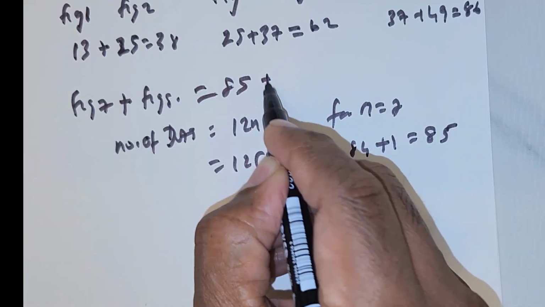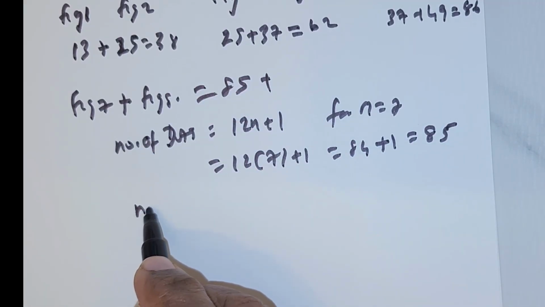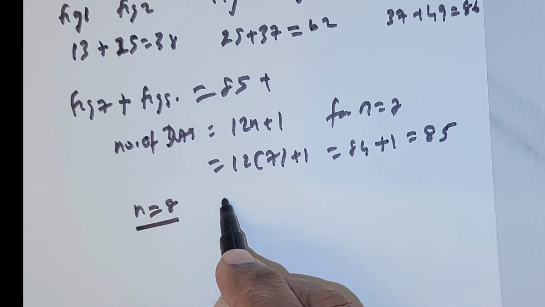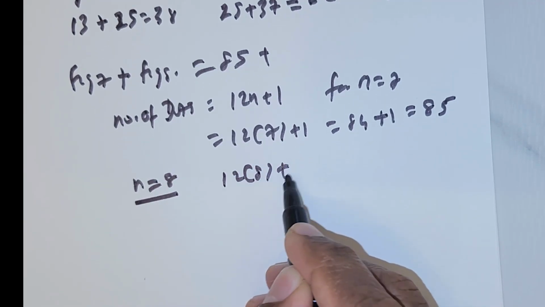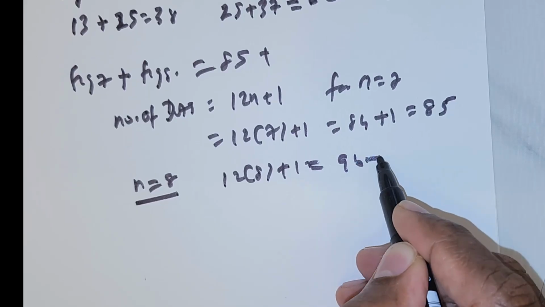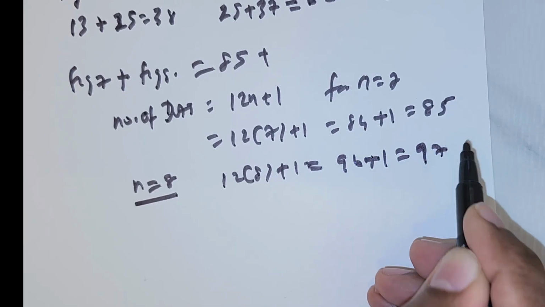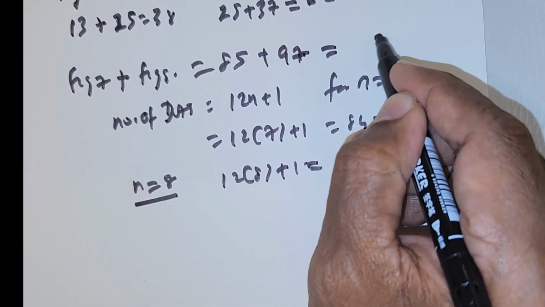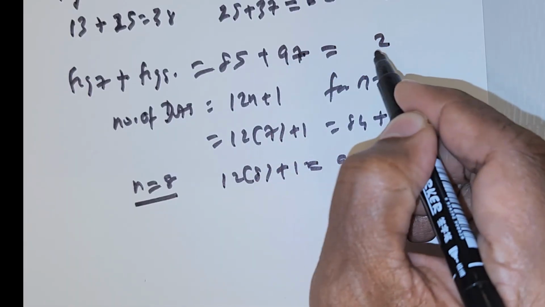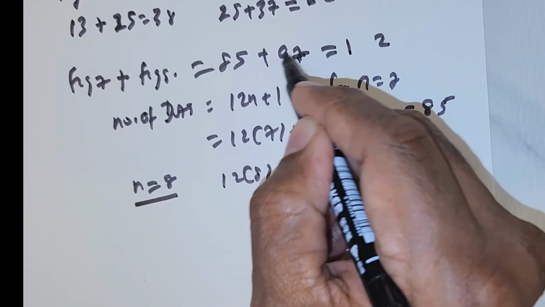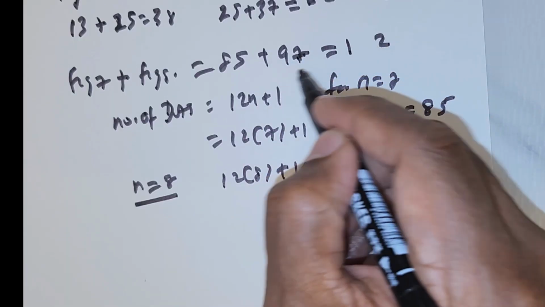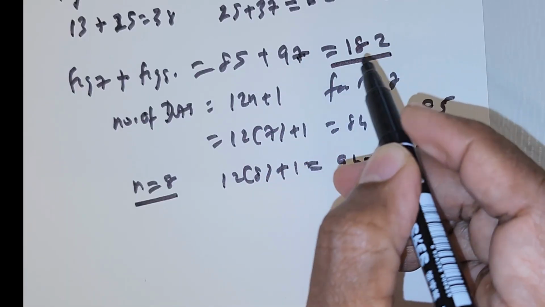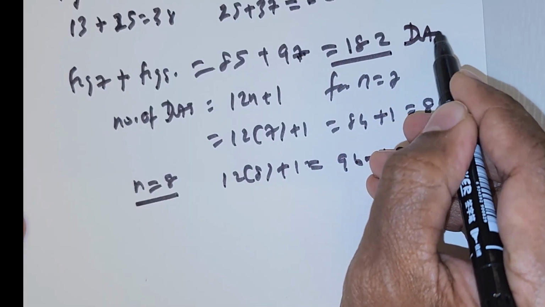So 85, and for n is equal to 8, this is going to be 12 of 8 positive 1, which is 96 positive 1, which is 97. So we add 85 and 97. 7 plus 5 is 12, carry 1, and 9 plus 8 is 18. So this is 182 dots.